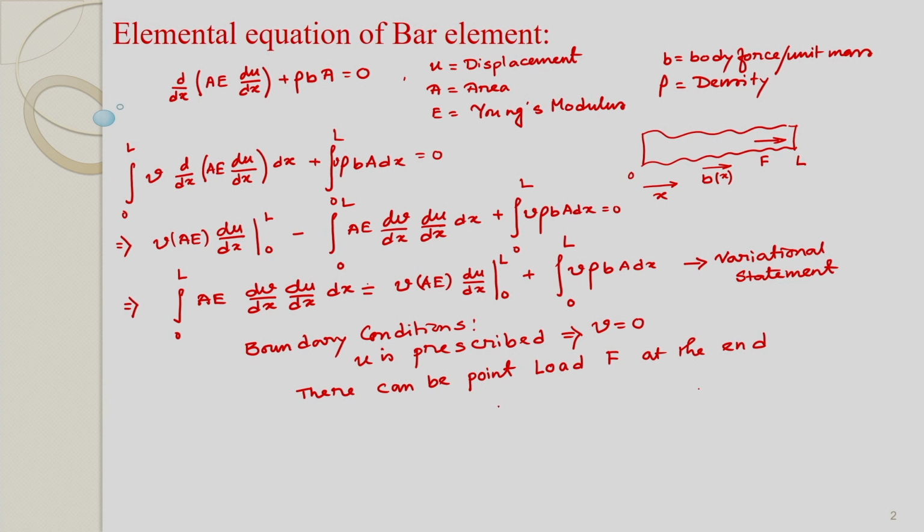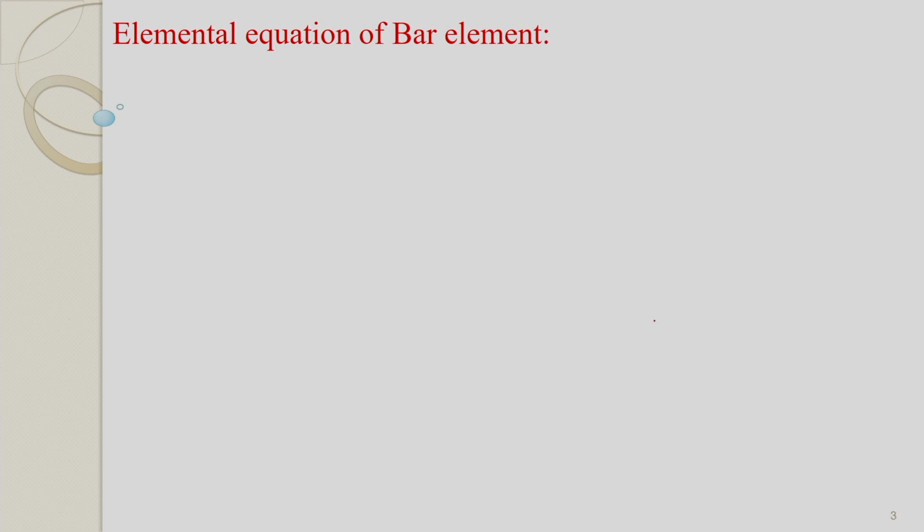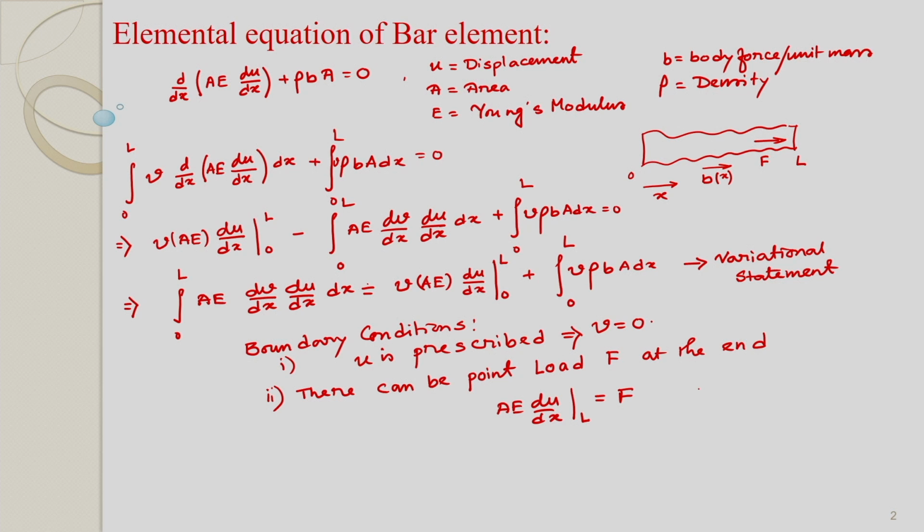In that case, AE du dx is equal to F. So, these two boundary conditions are possible. The first one is the Dirichlet boundary condition, the second one is the Neumann boundary condition. du dx is strain, E du dx is stress, multiplied with area is the end load F.